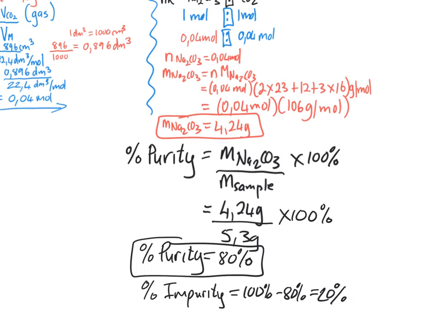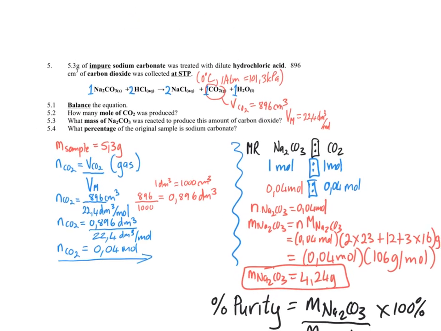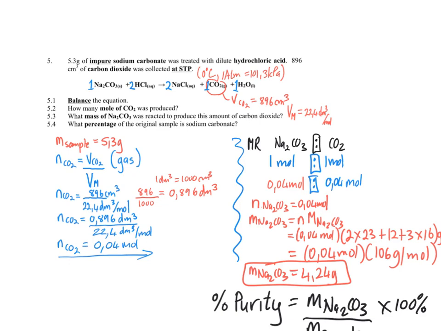So this is a way of solving problems that involve percentage purity and impurity. Just to recap, you will be given a quantity of one of the products.